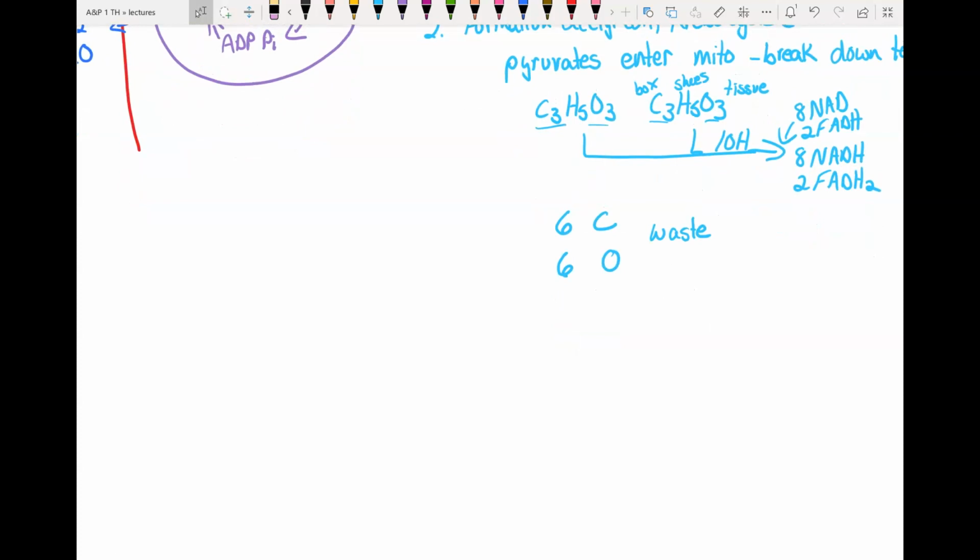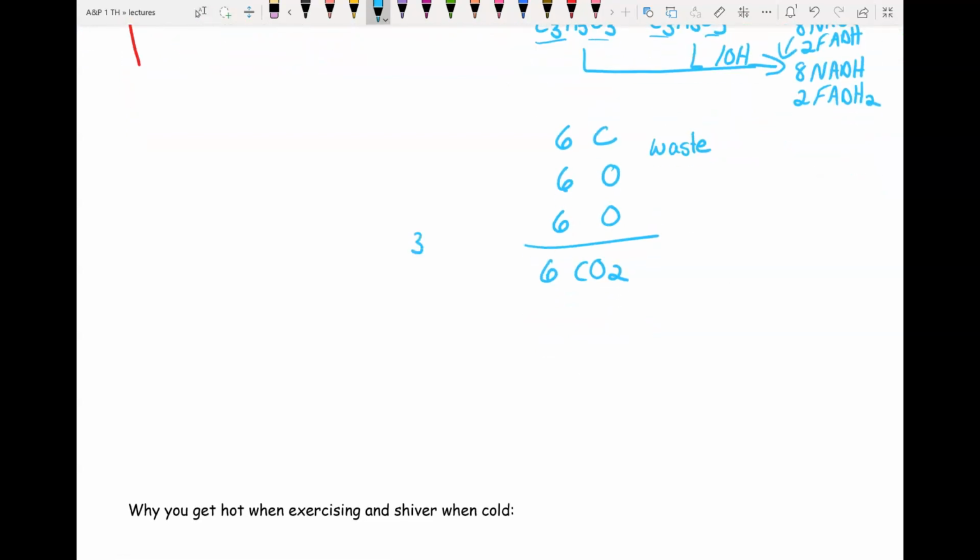But you have to be careful of what you put in your blood. You can only put molecules in your blood that are safe to put in your blood. So this is where that oxygen comes in. If we can add 6 more oxygen atoms to this, then we could have 6 carbons, 12 oxygens. Well, that would make 6 CO2 molecules, and CO2 is safe to put in your blood. So you take 3 oxygen molecules to give you those 6 more oxygen atoms.